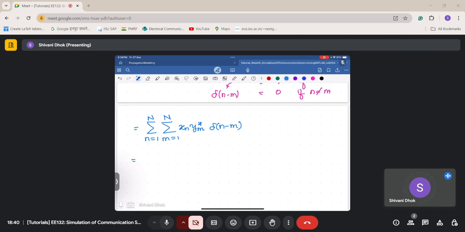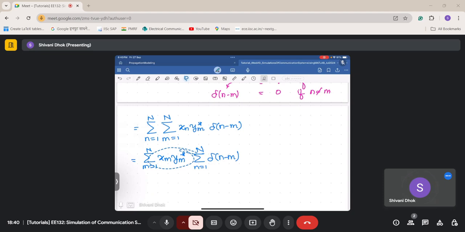So this we can write as summation m equal to 1 to N summation n equal to 1 to N x_n, and x_m y_m conjugate into delta of n minus m. Now x_m into y_m conjugate are not a function of n, so I can just interchange it a little bit.